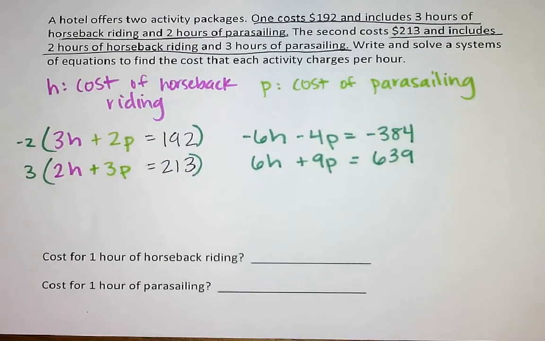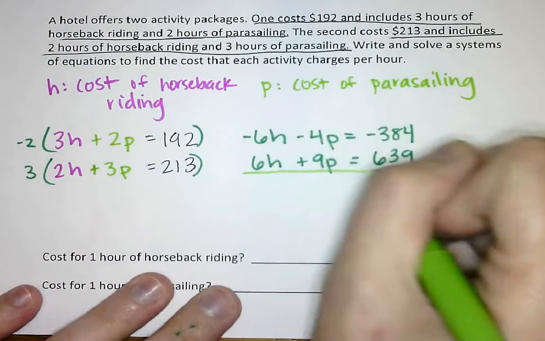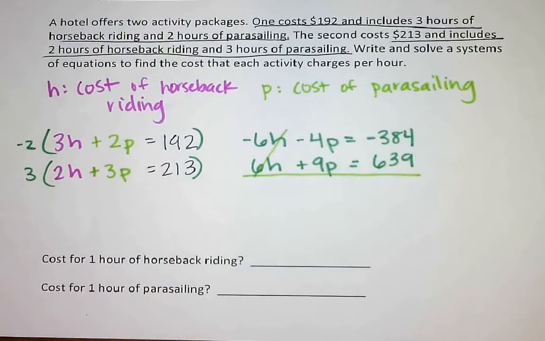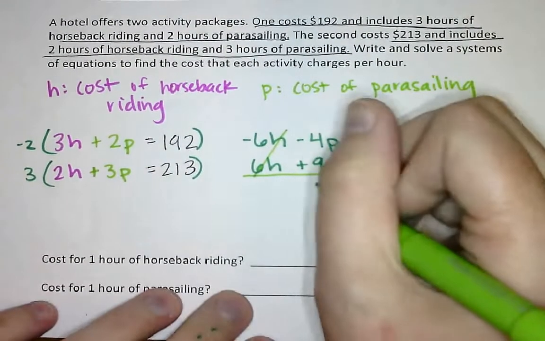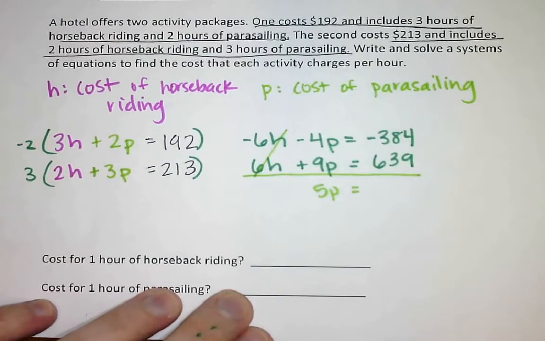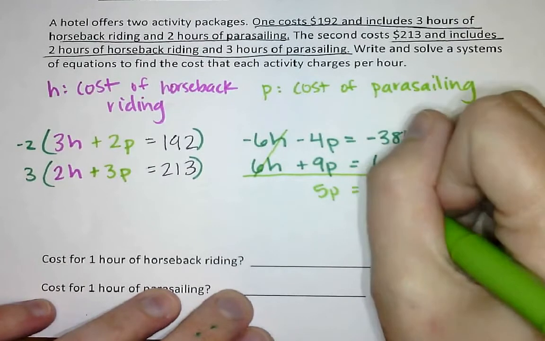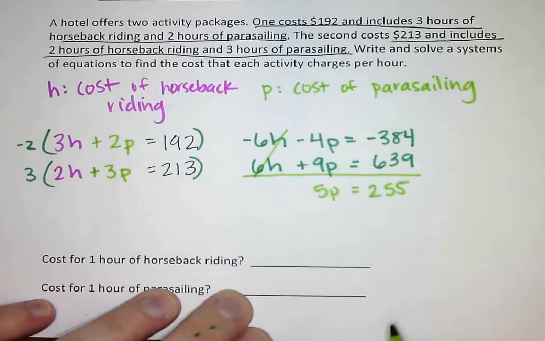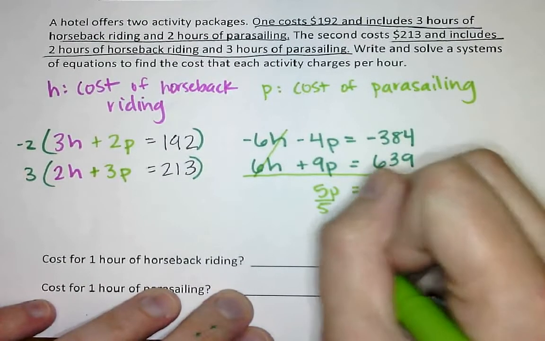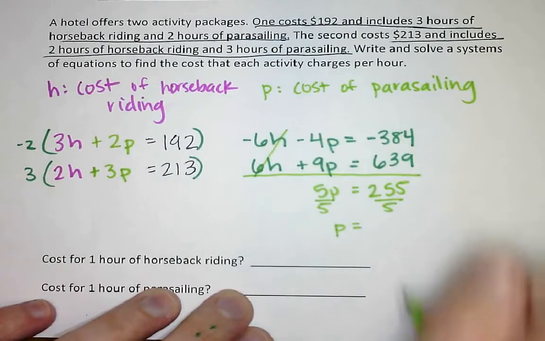So if we eliminate our H's, what do we have left over? 5P equals, can someone do that for me? 639 minus 384, 255. Excellent. So we divide both sides by 5. So how much does each hour of parasailing cost? 51 bucks. 255 divided by 5 gives us 51.